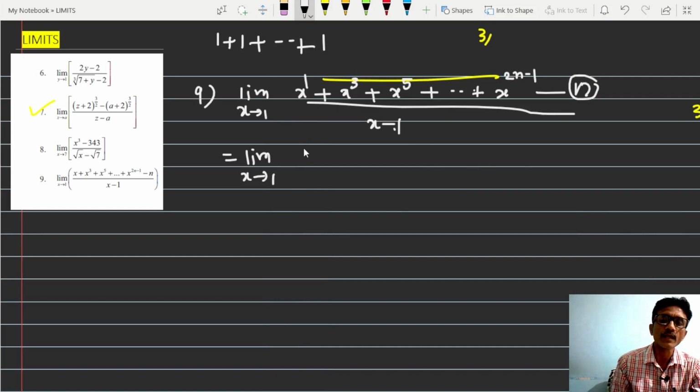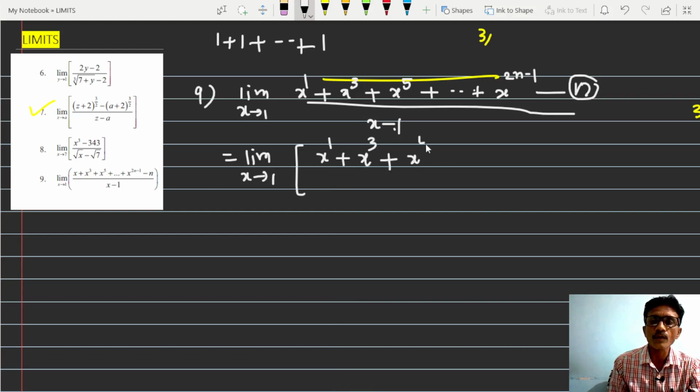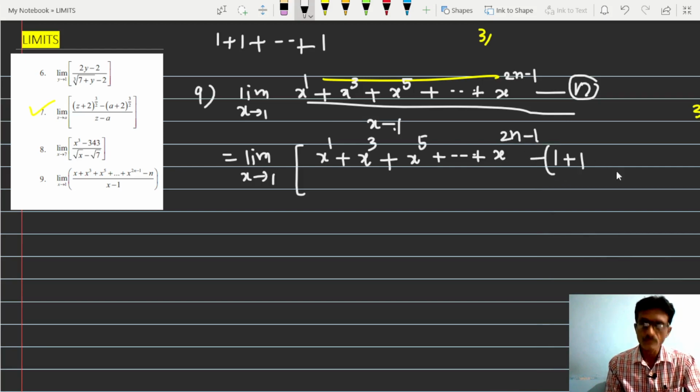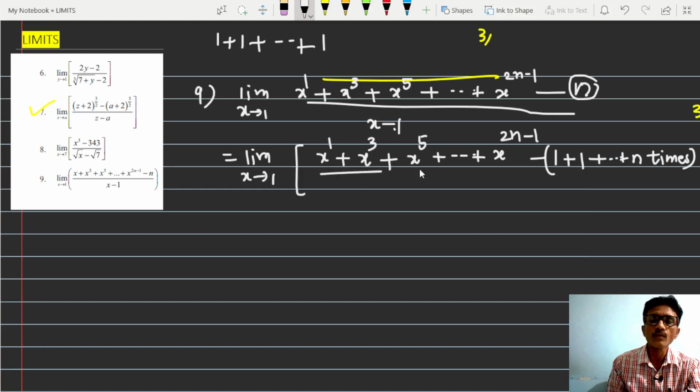So therefore we can write it as x raised to power 1 plus x cube plus x to the power 5 plus up to x raised to power 2n minus 1 minus 1 plus 1 plus up to n number of times, and whole divided by x minus 1.